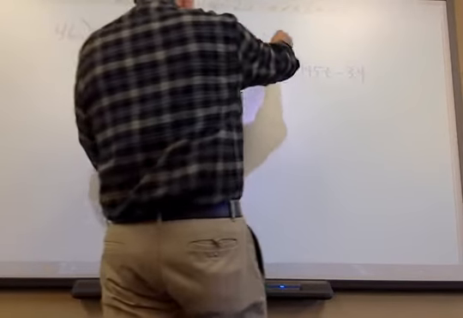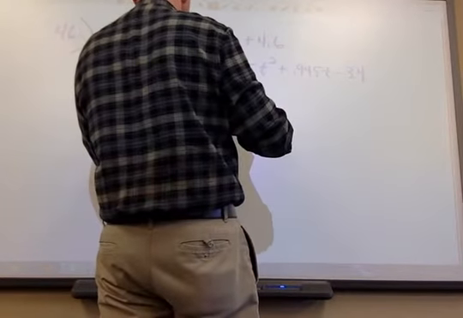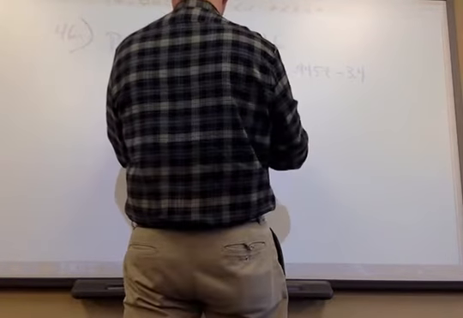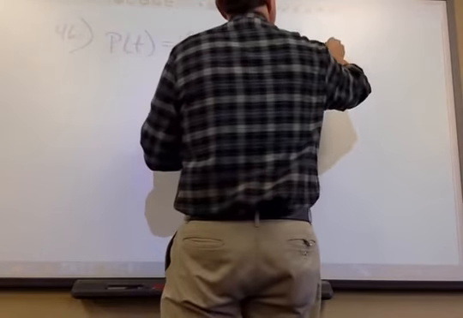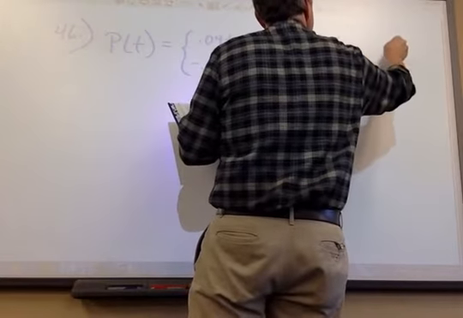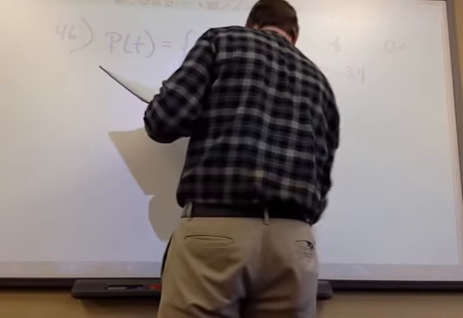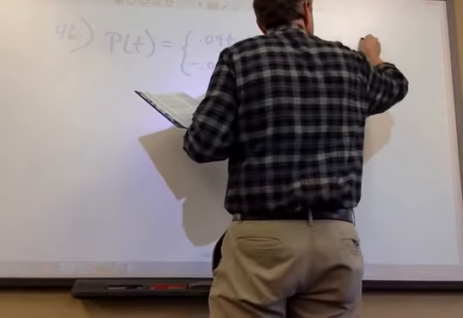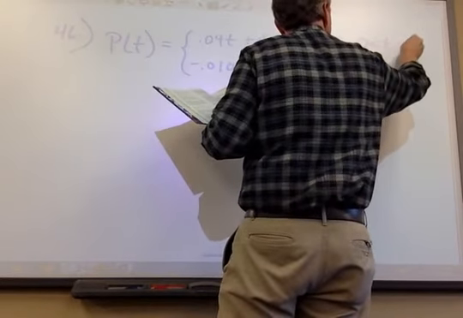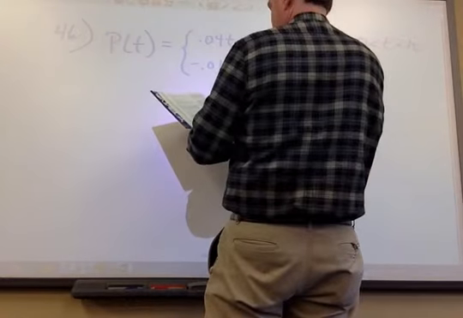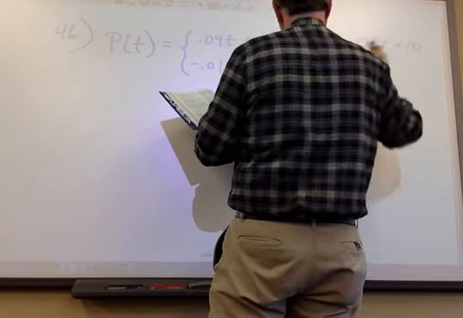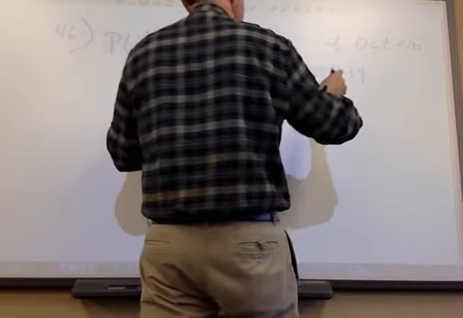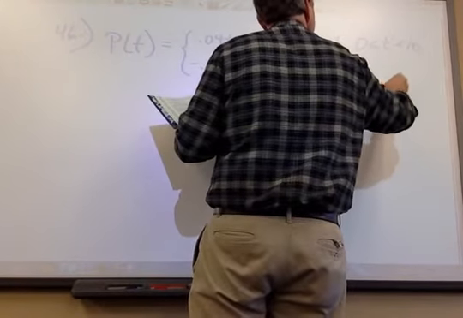The first piece of it is good for t between 0 and 2. No, it's good for 0 and 10. If t is between 0 and 10, better. And this piece is good for 10 up to 30, including both.